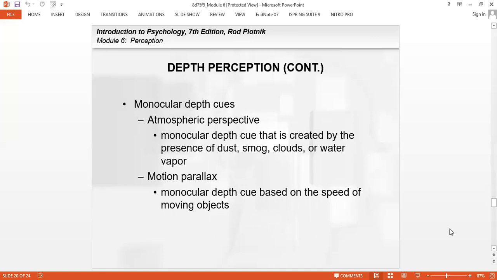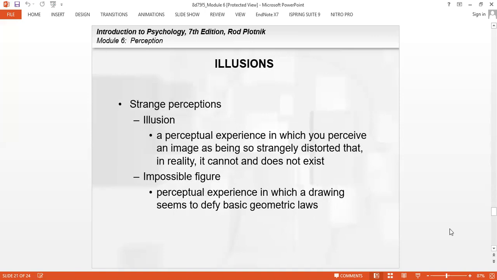Atmospheric perspective is created by the presence of dust, smoke, clouds, or water vapor. Motion parallax is based on the speed of moving objects.